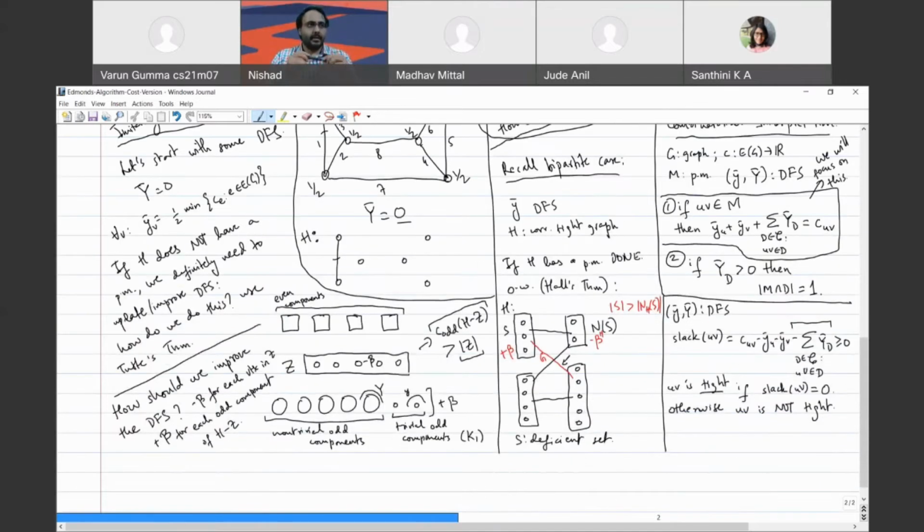Any thoughts? What are the kinds of edges I should be looking at? Or what are the red colored edges that exist in the graph G, because G has a perfect matching, we can assume, but they do not exist in the graph H, in the tight graph. What do those edges look like?